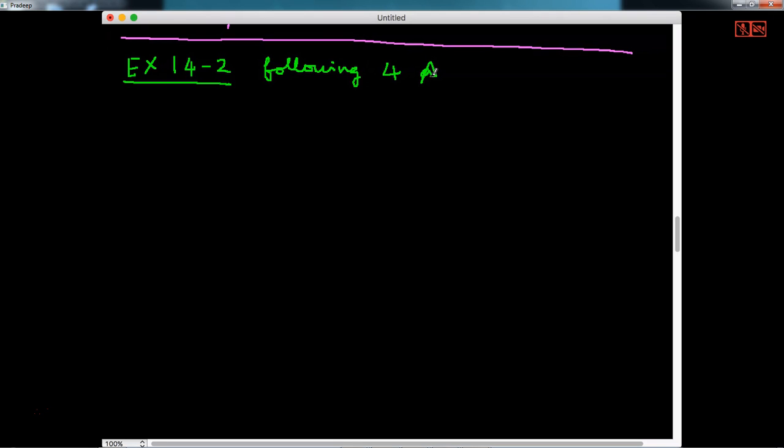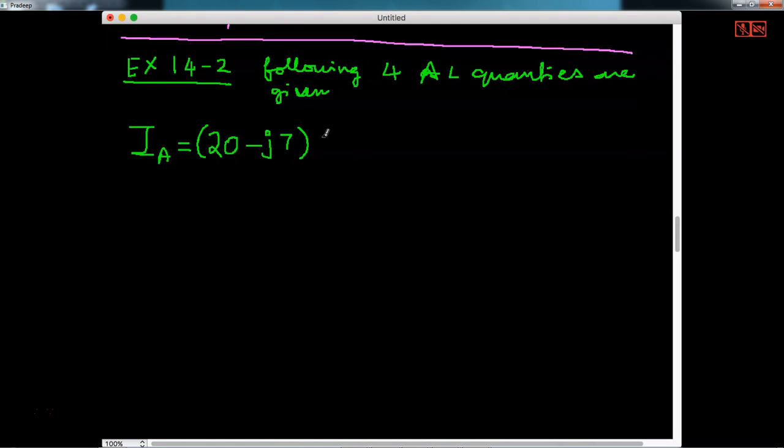So that is, let's say, IA equal to 20 minus J7 amperes. IB equal to 5 plus J3 amperes.